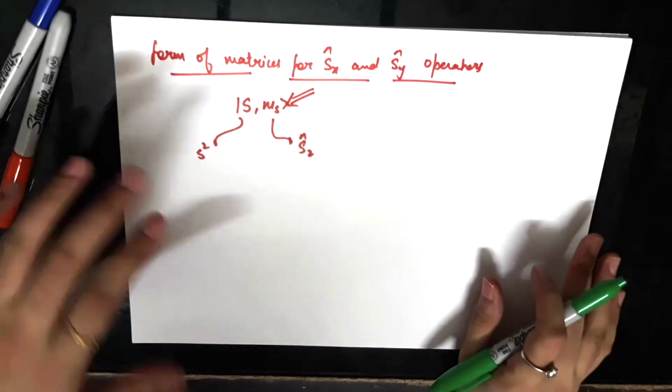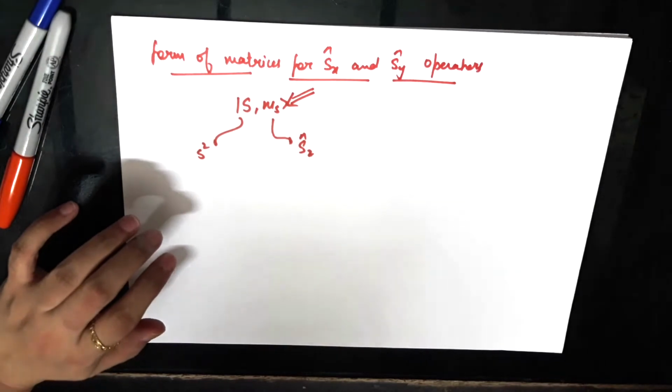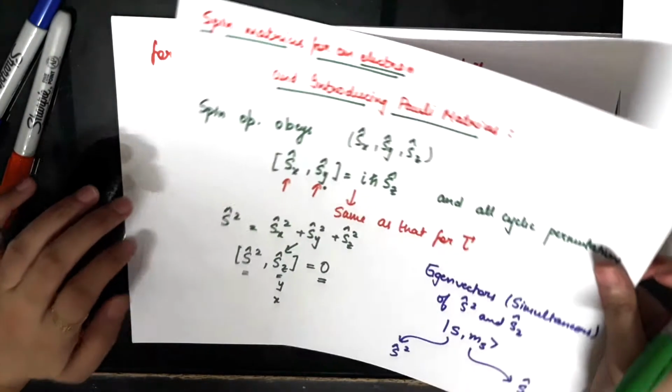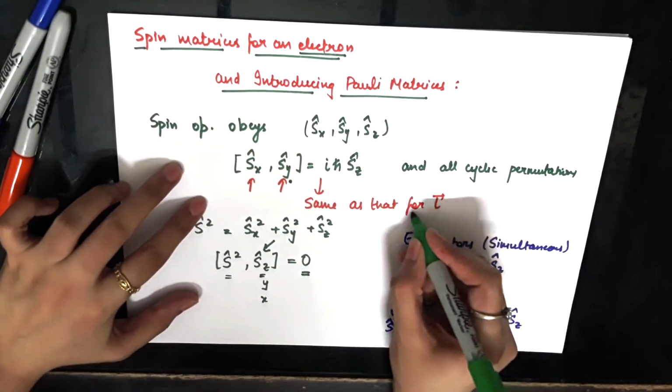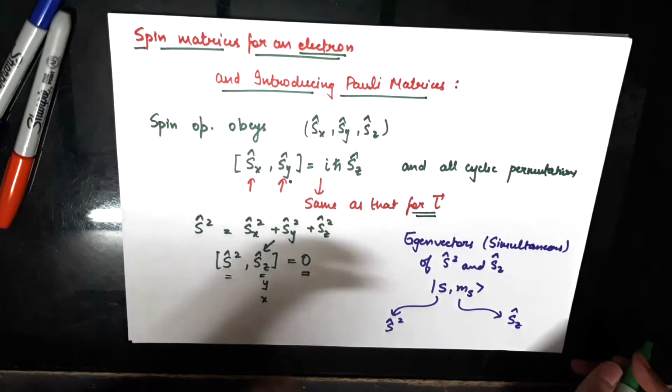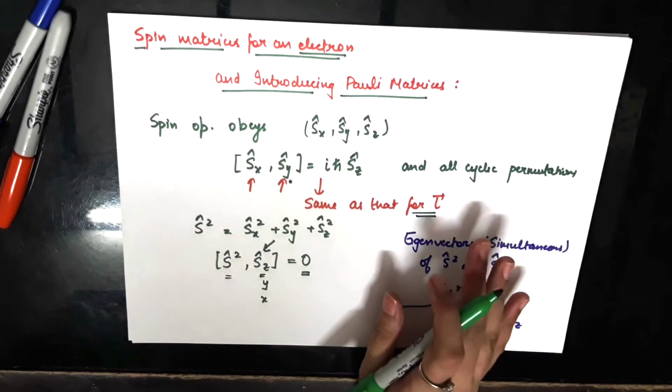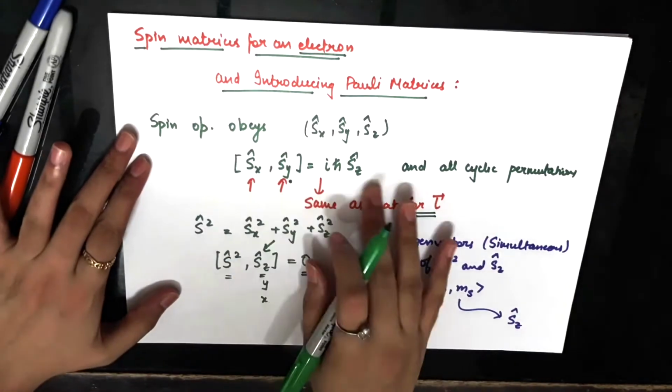Because I mentioned in the beginning, the spin operators obey the same algebra as the angular momentum operators. Both are angular momenta, both are rotation operators, so they obey the same algebra.